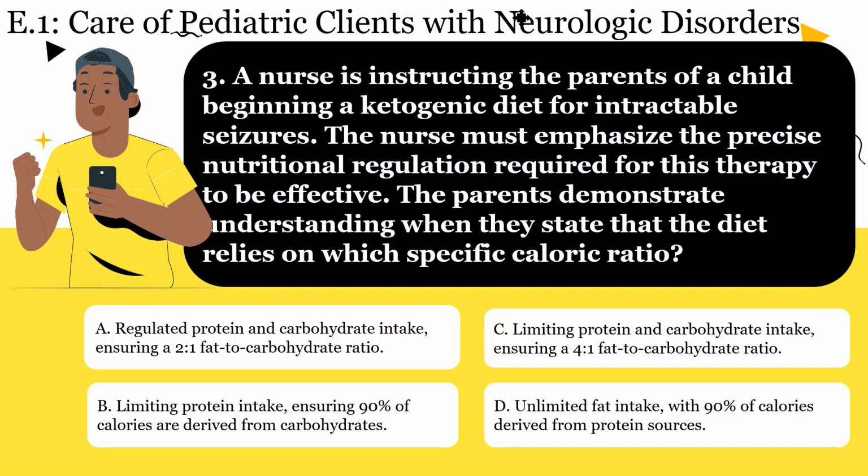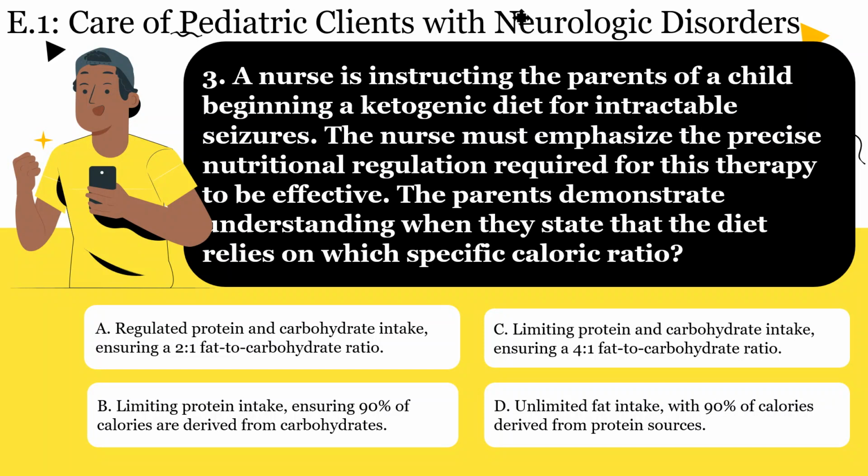Of course, we know that a ketogenic diet is generally administered for absence or myoclonic seizures. It works by limiting the intake of protein and carbohydrate, which forces the body to use ketones, from the word itself, ketogenic.